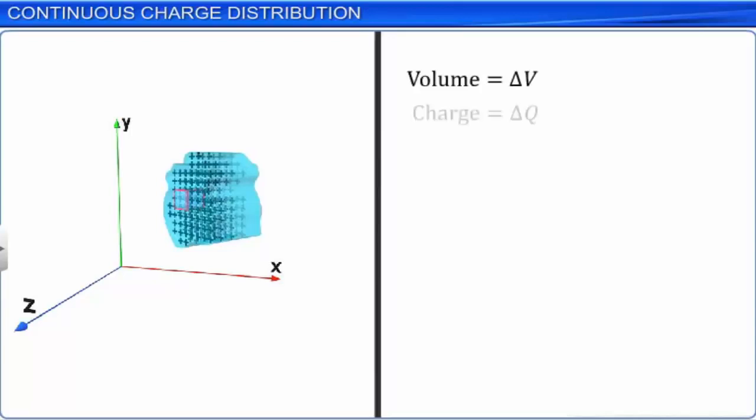We know that the charge density ρ is equal to ΔQ by ΔV. Thus, the charge on the volume element is ΔQ equal to ρ ΔV.